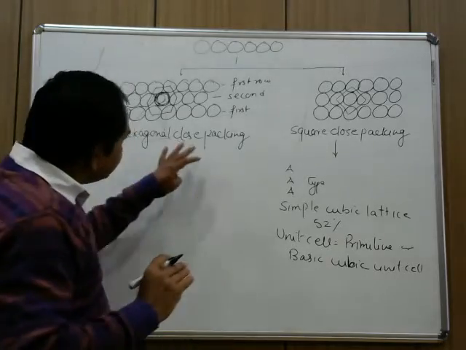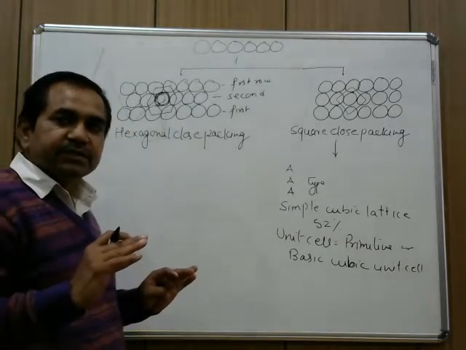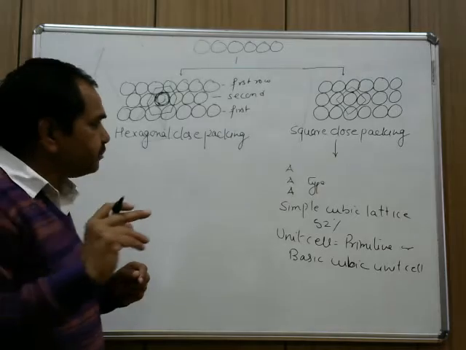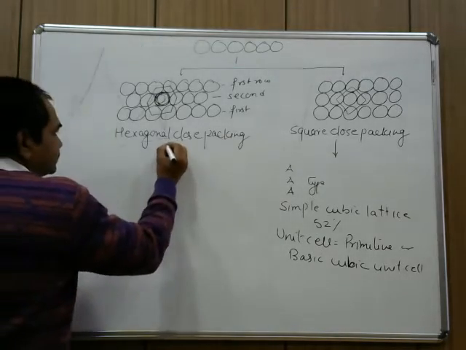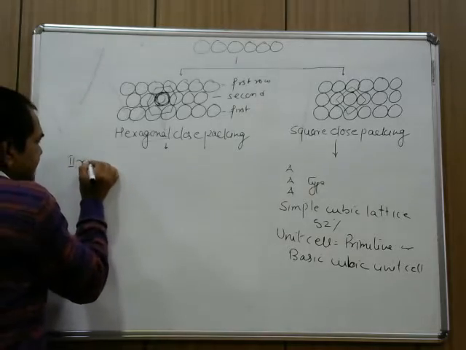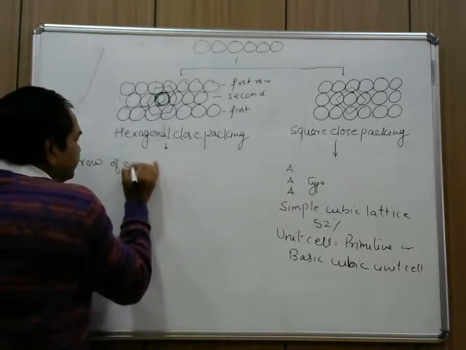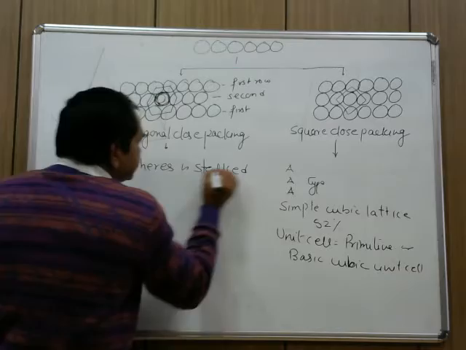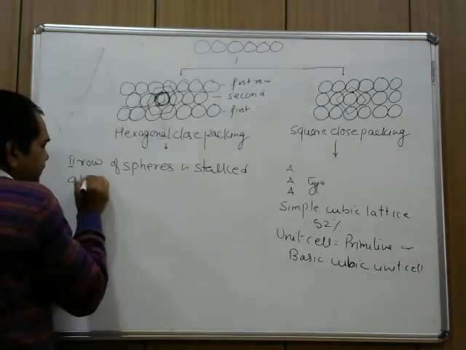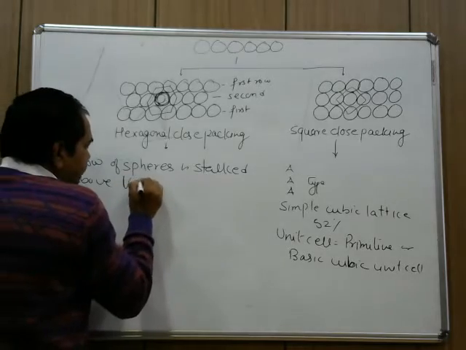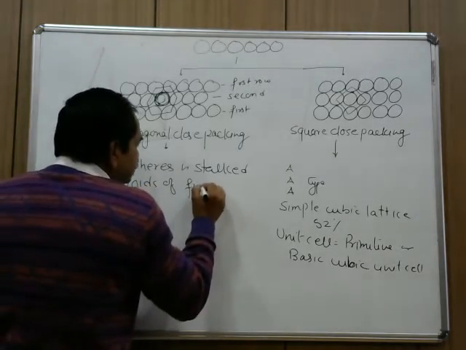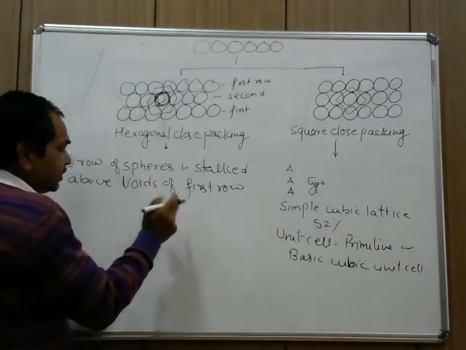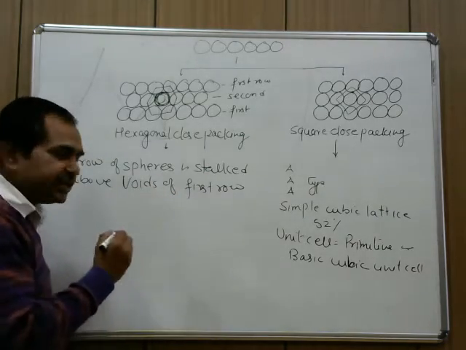Now, when this hexagonal close packing is extended in the third dimension, this second row of spheres is stacked above the voids of the first row, and this results in the formation of two types of voids in the second row.